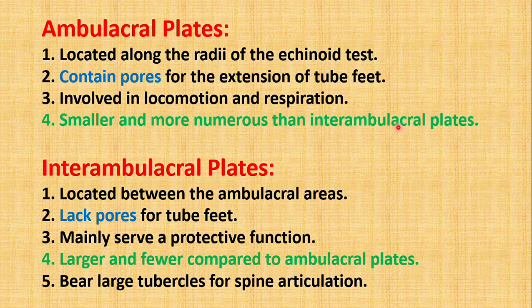The interambulacral plate is larger than the ambulacral plate and is located between the ambulacral plates. The pores are absent. Remember this point: there are no tube feet, and it mainly serves a protective function. It is large and fewer compared to the ambulacral plate, and bears large tubercles and spines in articulation.